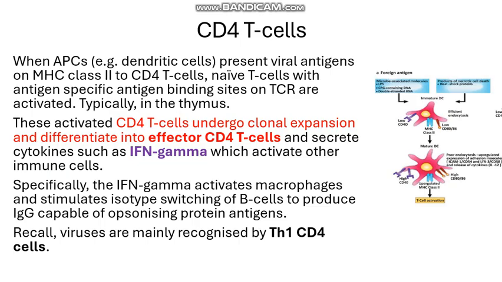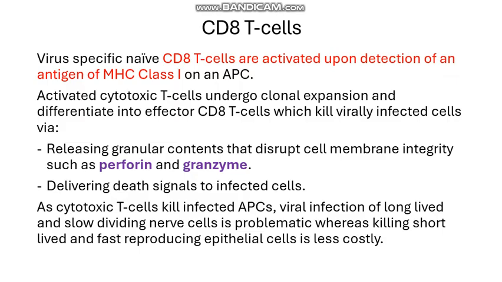And recall from one of our earlier videos that the main helper T cell that's interested in viruses is going to be Th1 helper T cells because they're focused on intracellular pathogens.